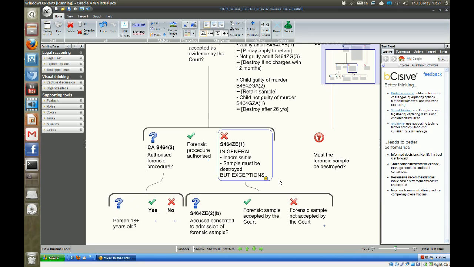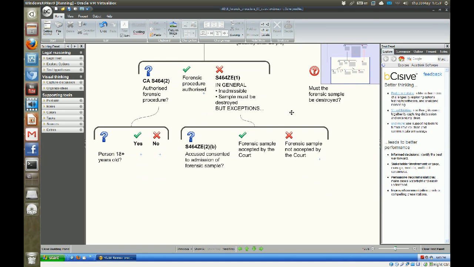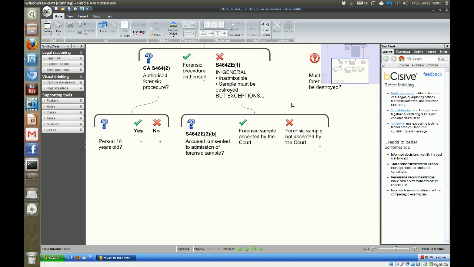But there are exceptions. So let's say a sample was got in a way that wasn't compliant with statute. Section 464ZE subsection 2B allows for it to be admitted in court if the accused consents to the admission of the forensic sample.